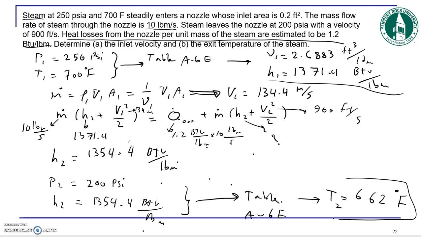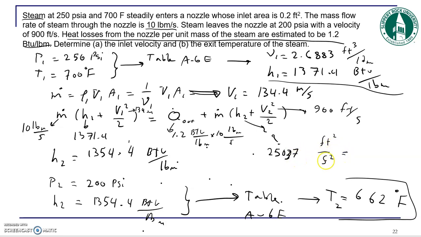So please let me know if you have any questions. One thing you would probably need is the conversion factor for the velocities. Your velocity squared is feet squared per second squared, and the conversion factor for this to be in BTU per pound mass is 25,037.